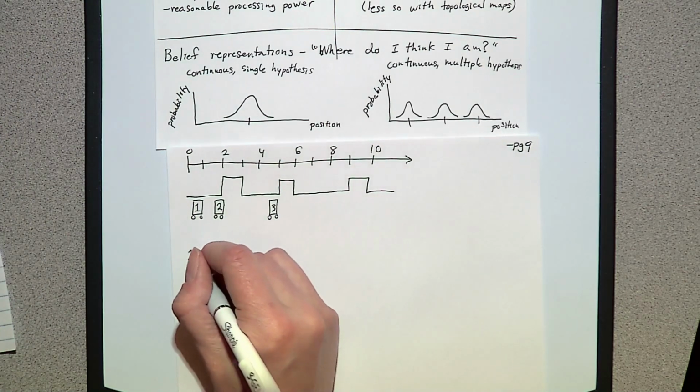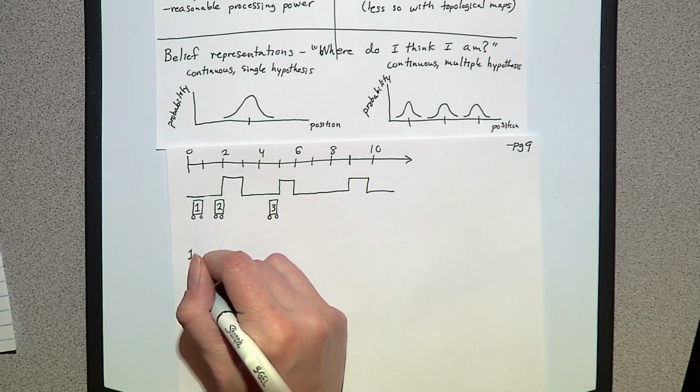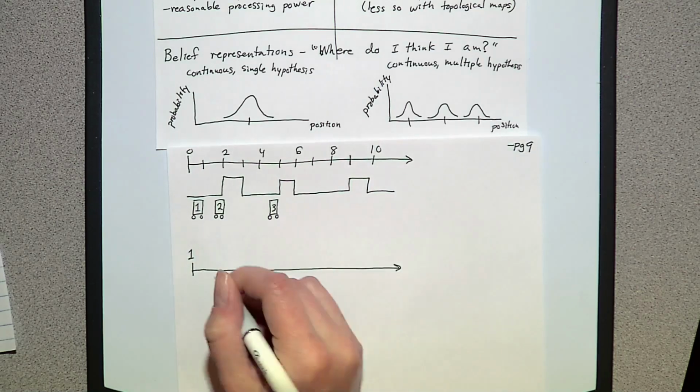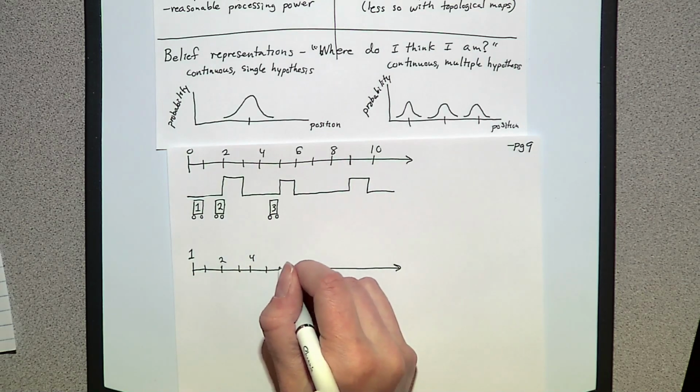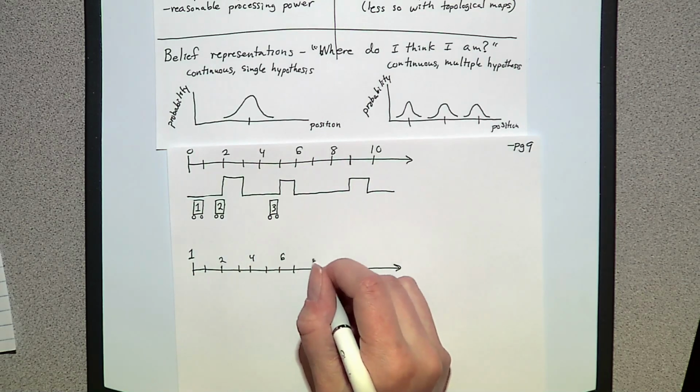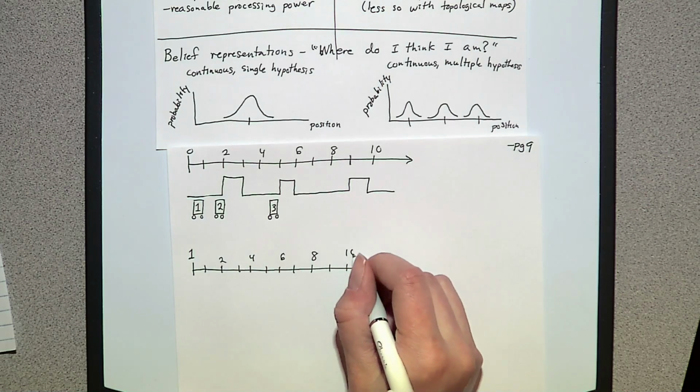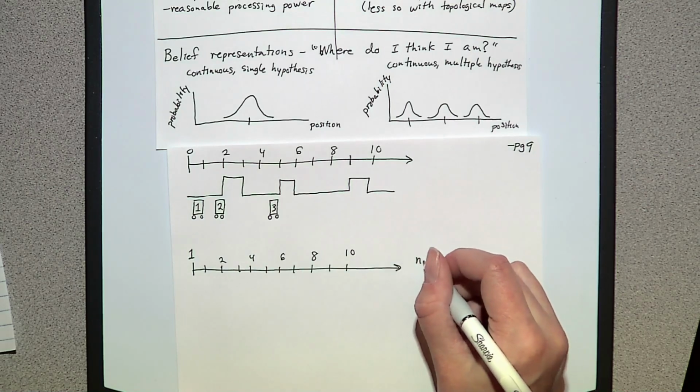So when we're at position 1, basically we have no guess of where we are.